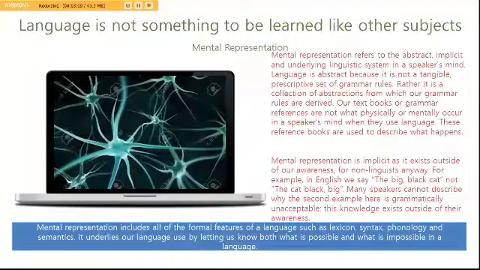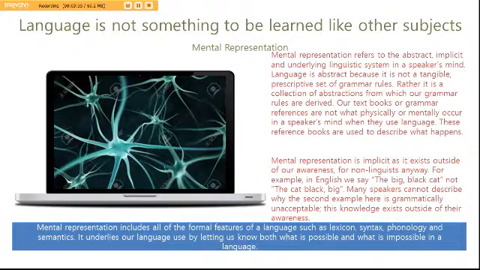So, mental representation, what is it? Quite a busy slide here, but basically the idea is that language is not something to be learned like other subjects with explicit teaching, for example. Mental representation refers to the abstract, implicit and underlying linguistic system in a speaker's mind. It shows that language is abstract because it's not tangible.